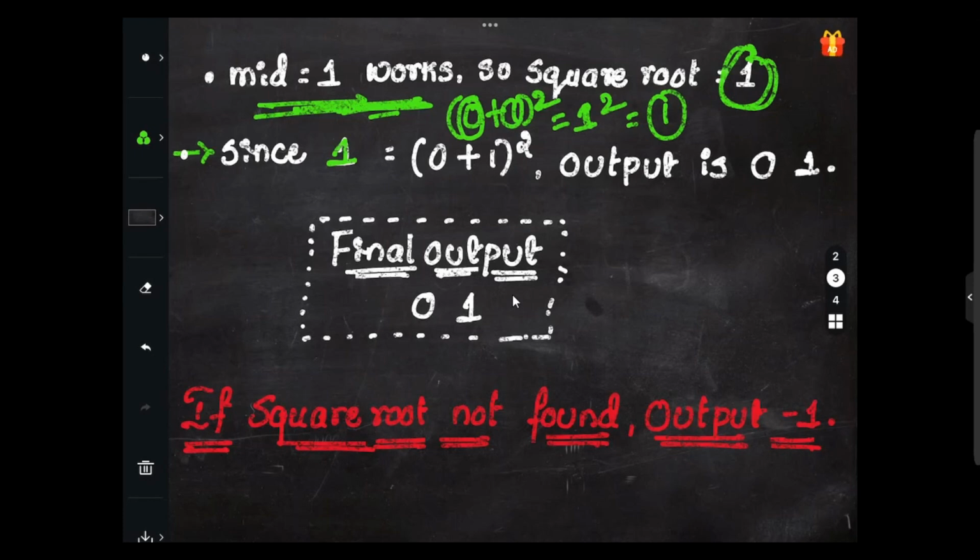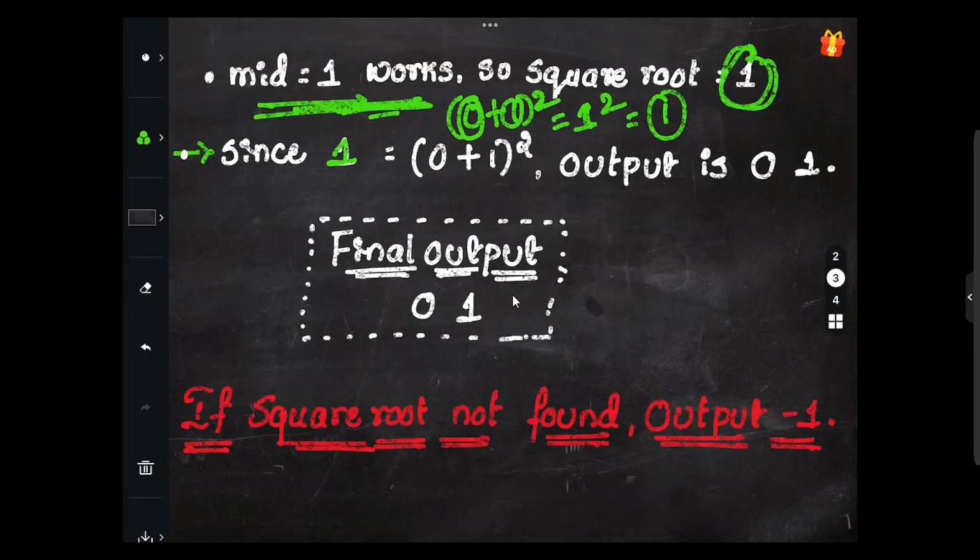To represent that in the form of a plus b whole square, the square root should quite obviously be 1 itself. So what will lead us to 1? Basically 0 plus 1 whole square will lead us to the output 1.